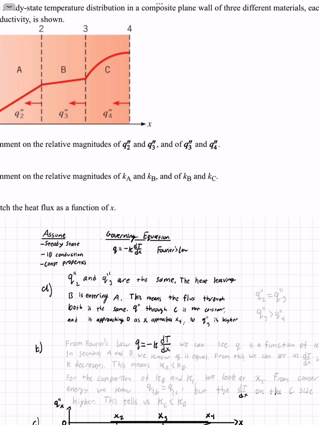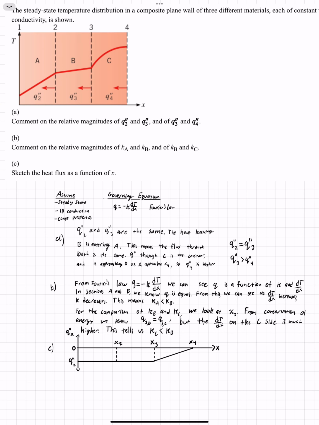Next, part B, we are looking at the relative magnitudes of kA and kB and of kB and kC. So let's begin with sections A and B. In these sections, the temperature distribution is linear, and they have the same heat flux. Looking at Fourier's law, the heat flux is equal to negative k dT/dx.